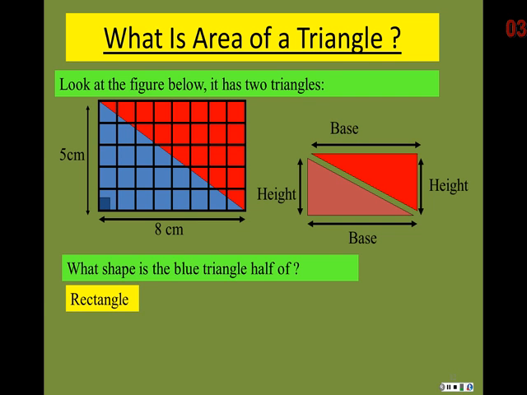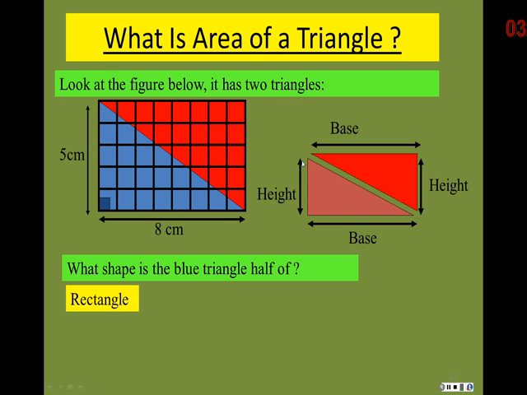If you take that triangle and get the same amount of space as that triangle and combine it, you get a rectangle. So every single triangle is half of some rectangle. And that is the theory that you need to always know.